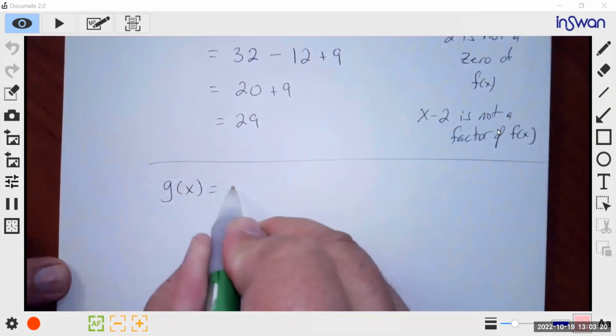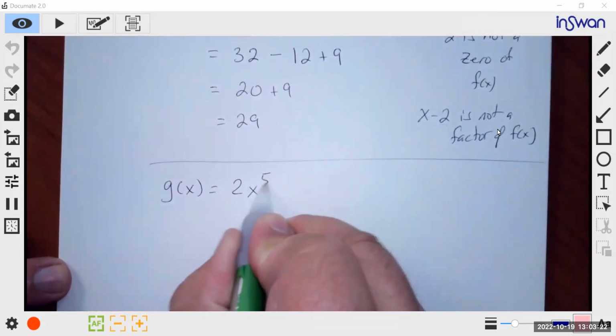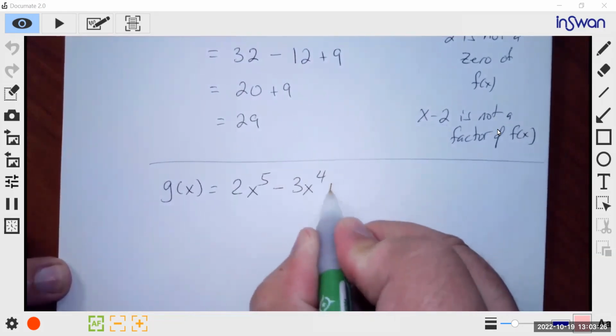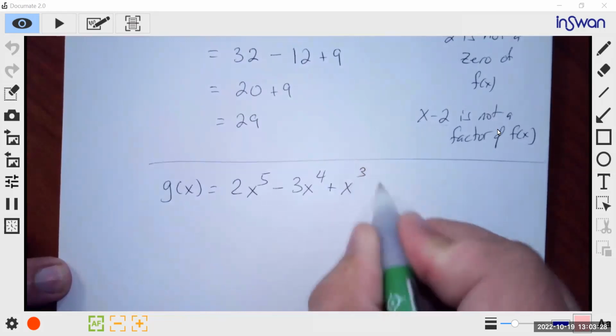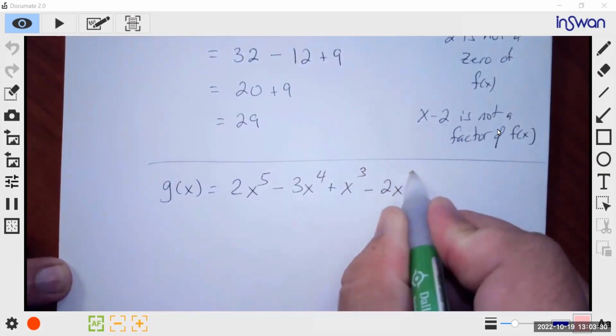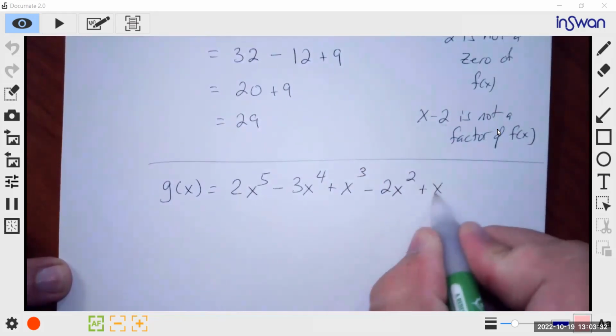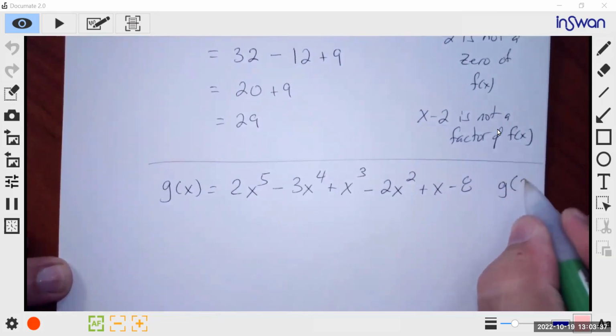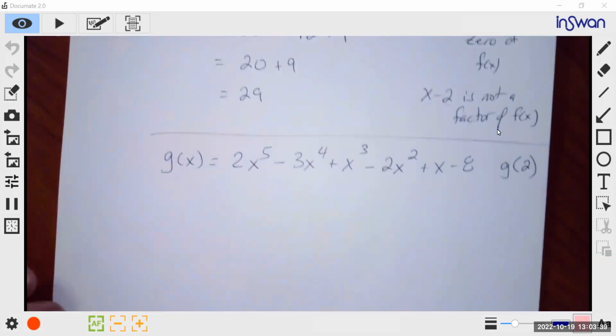G of x equals 2x to the 5th minus 3x to the 4th plus x cubed minus 2x squared plus x minus 8. Try G of 2 now.